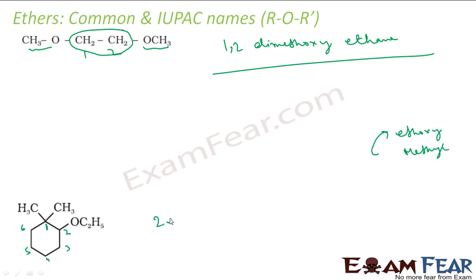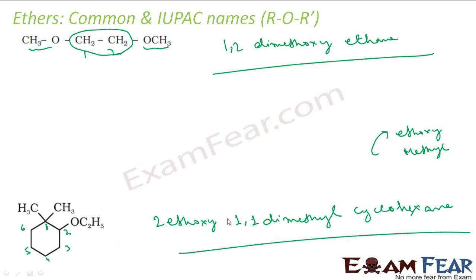So I'll write 2 ethoxy first, and then 1,1 dimethyl, and then it is cyclo. There are 6 carbon in this cyclo chain. Hex, all single bond, ane. So it is 2 ethoxy, 1,1 dimethylcyclohexane, and fortunately there is no common name for this also.